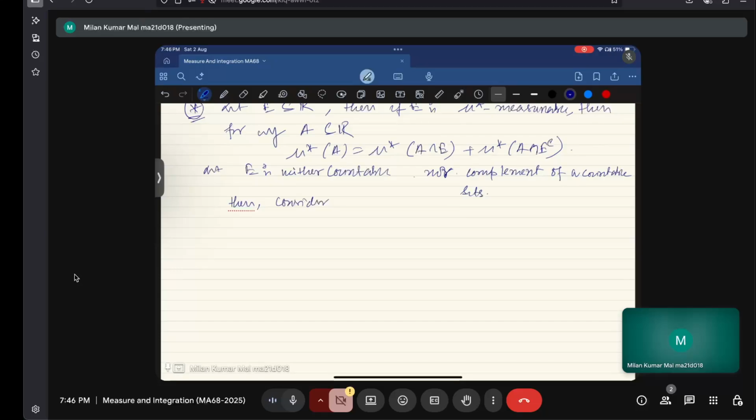That means we have to find an A for which one side is finite and the other side is infinite. That way we have to consider. Okay.